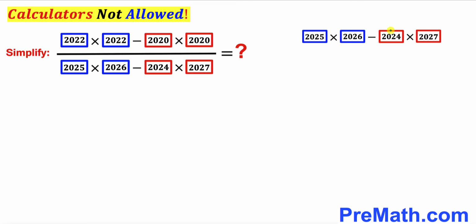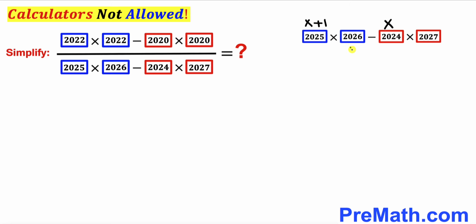And here we can see 2024 is the smallest number among these given ones. So therefore I'm going to label this number as x. If 2024 equals x, then 2025 is going to become simply x plus 1.